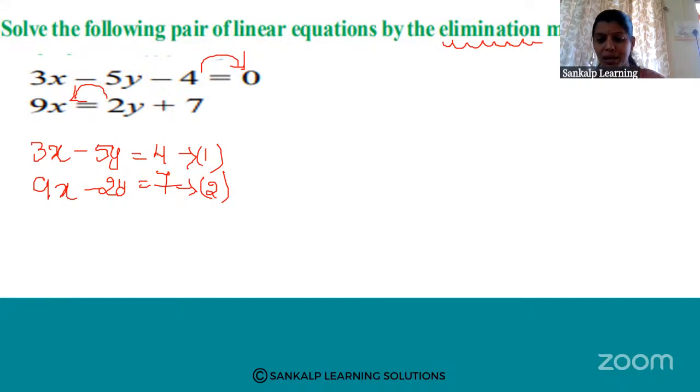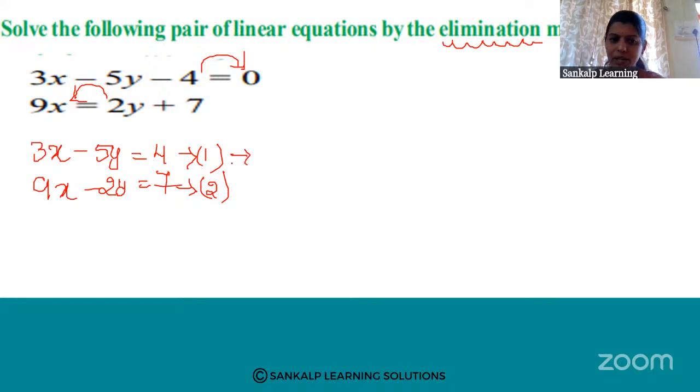Otherwise you cannot eliminate, right? So here 3x is there, here 9x is there, here 5y is there, here 2y is there. That means first we need to equalize the variables, right? So first we need to make the variables' values equal. How can you make them equal?